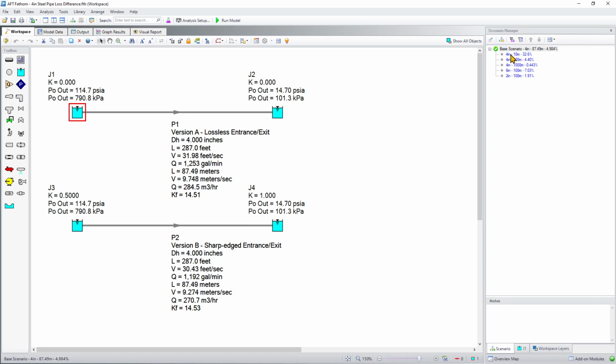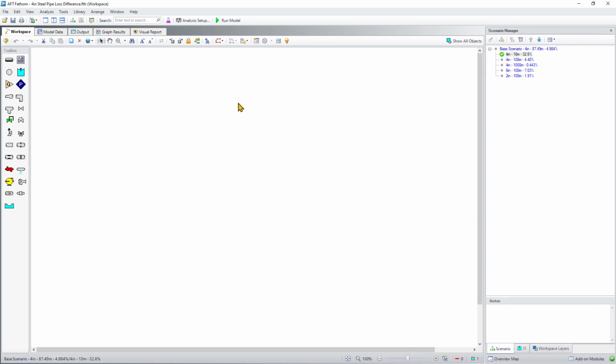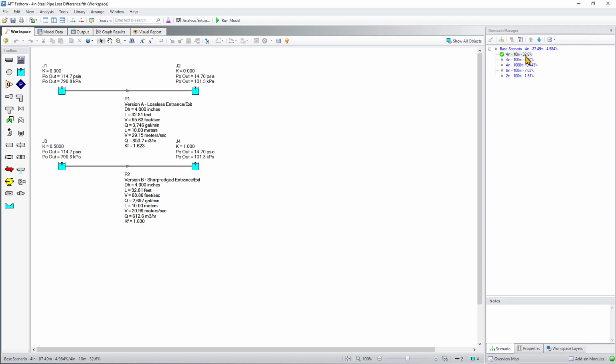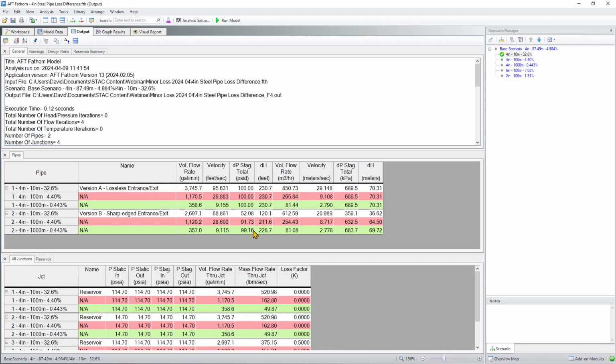If we stick to a single pipe size, let's stick to the 4-inch pipe. I've made an example where we have a 10 meter, 100 meter, and 1,000 meter pipe. We can show that the lossless versions and the sharp-edged entrance and exit versions have velocities that differ by different percentages. That 10 meter pipe has a 32% difference. 100 meter, about a 4.4% difference, and that 1,000 meter, 0.443%.